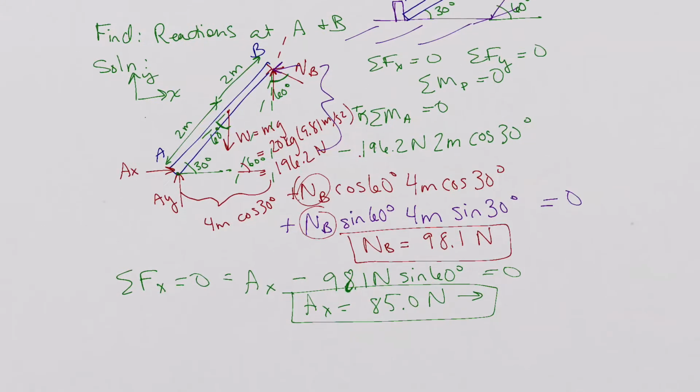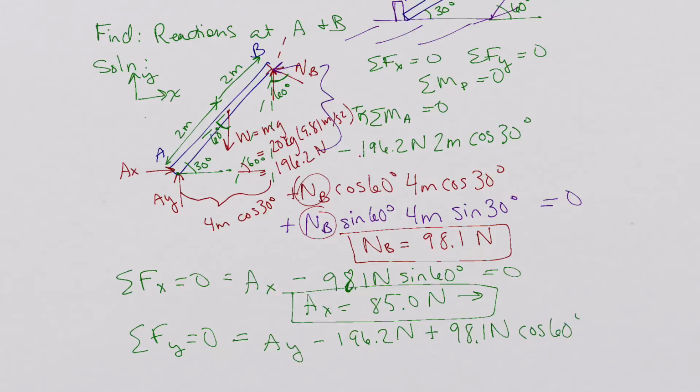And then sum of the forces in the y direction equals 0. That equals AY minus W, which is 196.2 newtons, plus that y component of the NB. That's 98.1 newtons, that's NB, and then we just want that y component of it, so that would be times the cosine of 60 degrees.